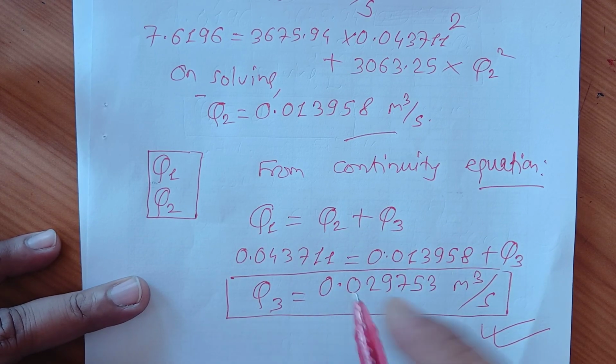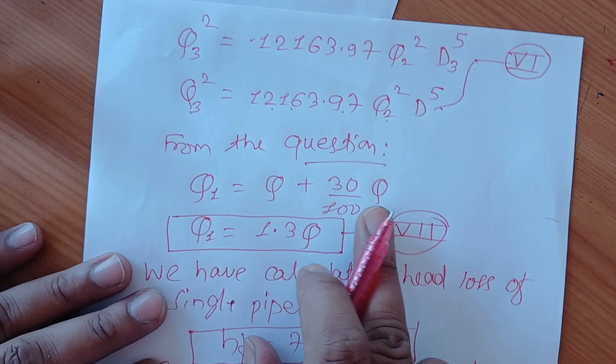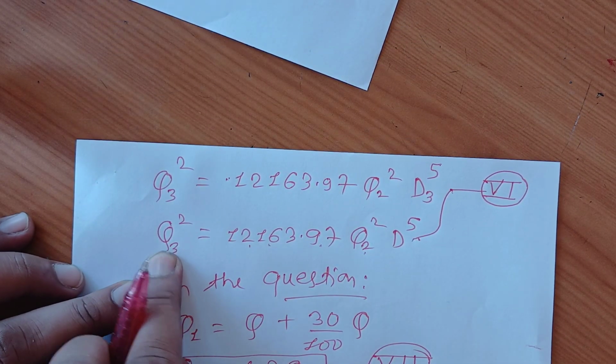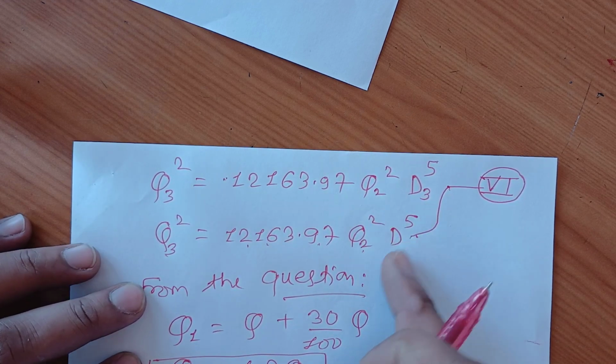And now let's substitute the discharge Q2 and Q3 in equation number 6. That is, in this equation number 6, if I substitute the value of Q3 and Q2, I will get the value of the new pipeline diameter, that is D. Okay, let's substitute this over here.